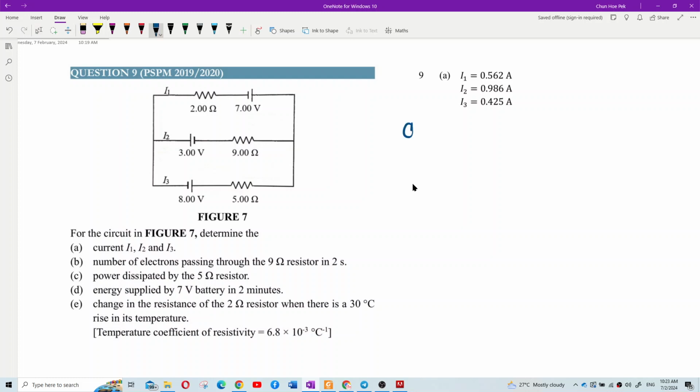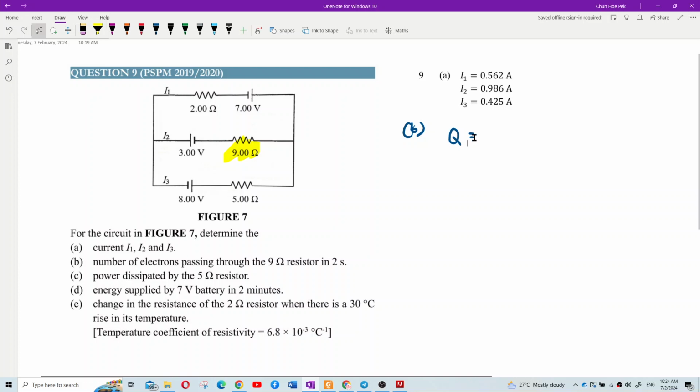Question B: the number of electrons passing through the 9 ohm resistor in 2 seconds. So that means this 9 ohm resistor. How many electrons are passing through it? First of all, you need to find the total charge passing through the 9 ohm resistor.